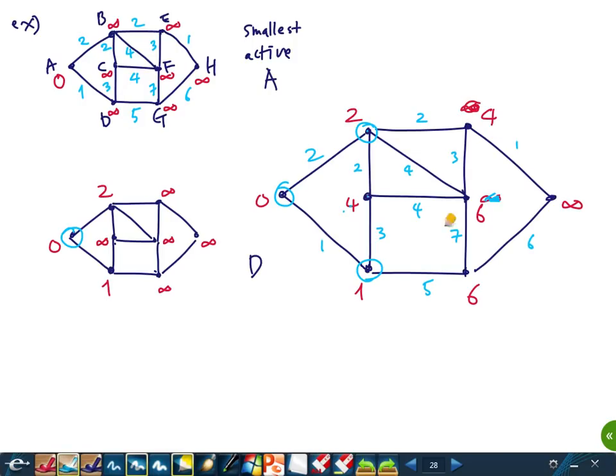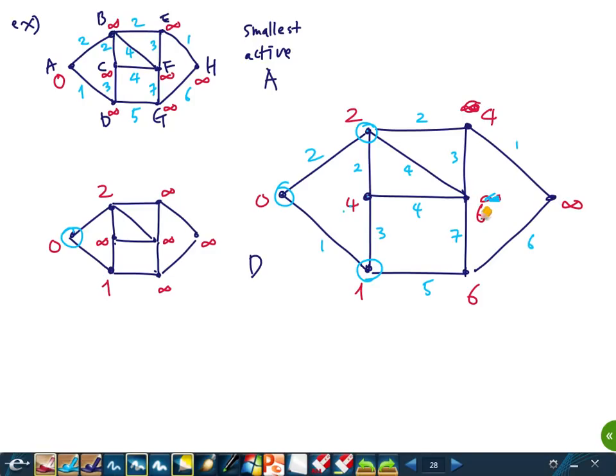Consider all active vertices and find the smallest label there. There are 2. So it's fine. You can take any of these. Let's say maybe this first. Let's say this is the chosen smallest active vertex. Look at all the active vertices adjacent to this. We have 2. So if you go from here to there, and then here, what is the cost for that? 4 plus 3, 7. 7 is not smaller than this.